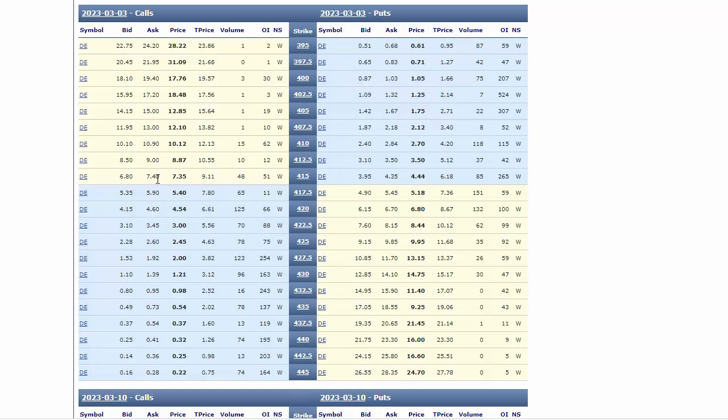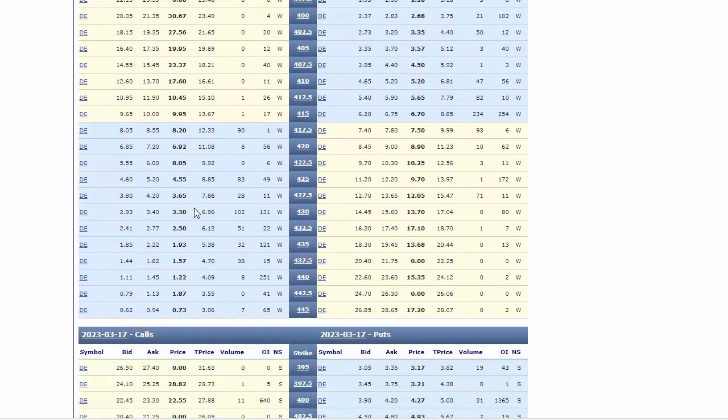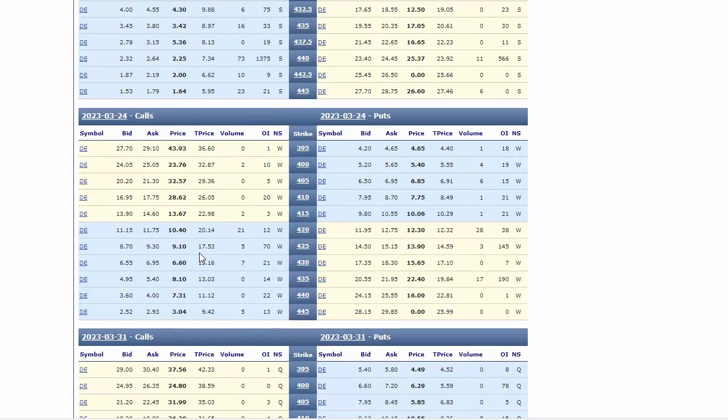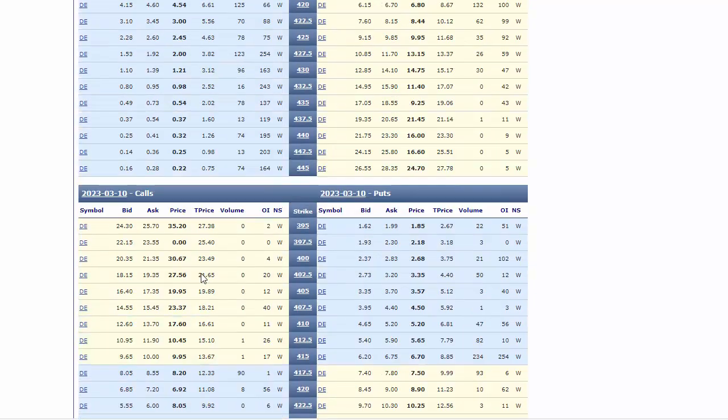Because if you can buy an option that is relatively low priced relative to the speed of the movement of the stock on average, and hit a move on a short-term weekly option, you can make a lot more money versus going out further in time. And when you go out further in time on John Deere, things get expensive very fast, right?